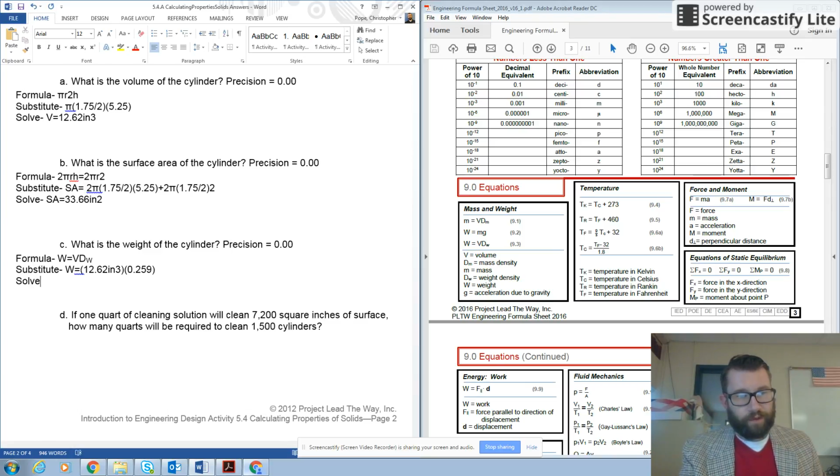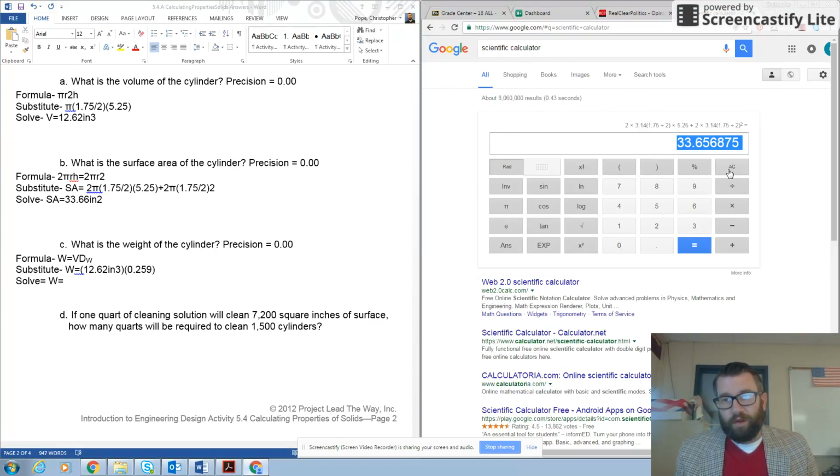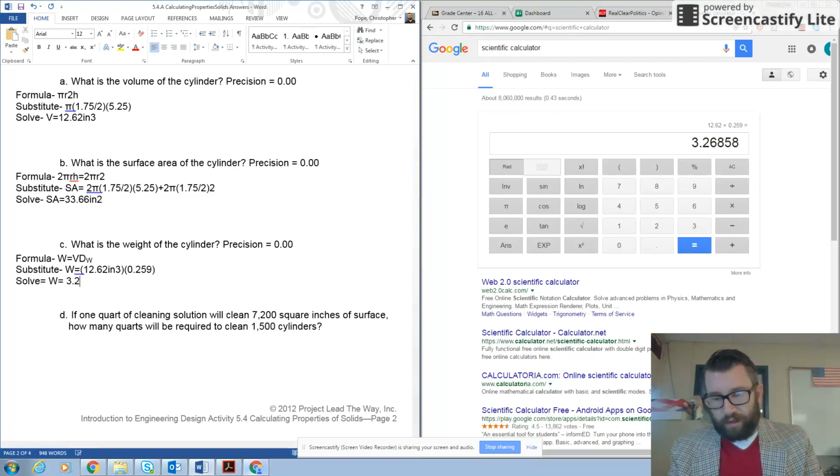So I'm going to solve W, and now I'm going to go back to my calculator: 12.62 times 0.259 equals 3.268, and that answer is in pounds. So I'm actually going to round up to 3.27 pounds.